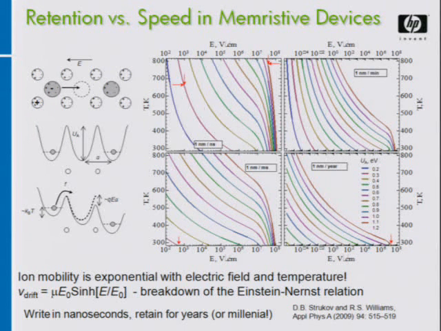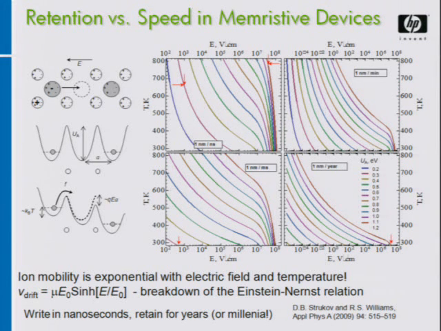And that actually turns out to be a really useful thing for switching. Because what that says is that at low fields, the drift velocity is really very small, and so you can have extremely long lifetimes of the state of the device. In other words, if I want to write a 1 in that device, and I want that device to remember that 1 for a long time, that's what this gives you here. But if I want to switch the state in a very short time, I can do that as well.